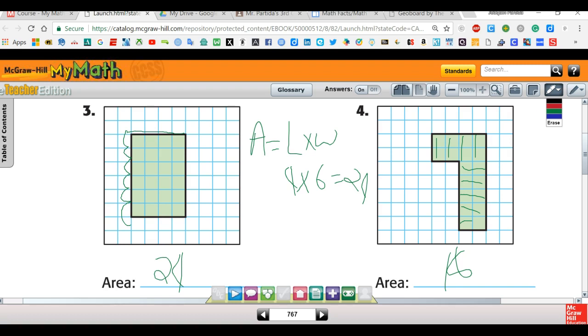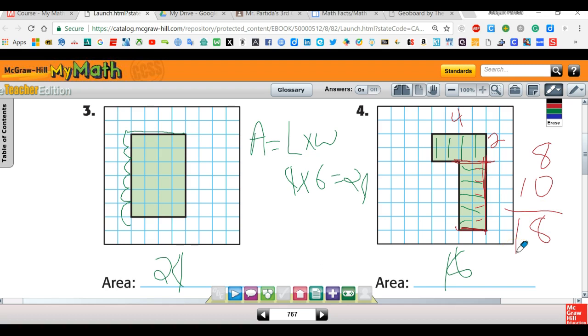Or I can do this. If I cut the shape in half like this, there's 2 here and there's 4 here. So 2 times 4 is 8. Then there's 2 here and 5 here. 2 times 5 is 10. And then 8 plus 10 is 18.